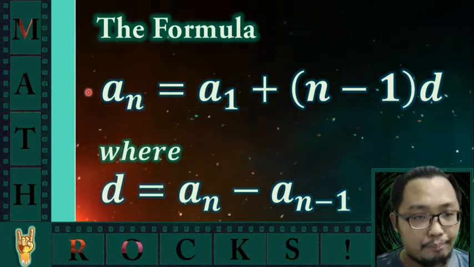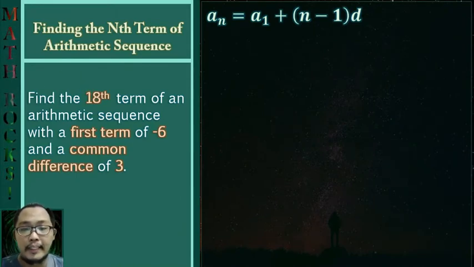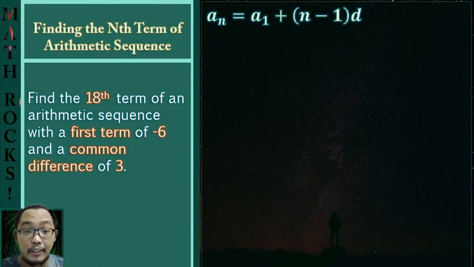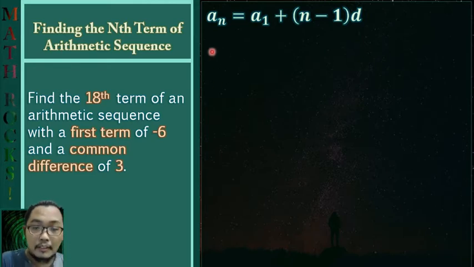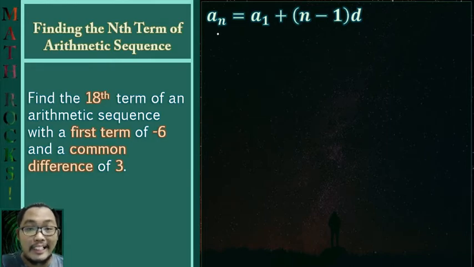For our example, we need to find the 18th term of an arithmetic sequence with a first term of negative 6 and a common difference of positive 3. In solving this problem, we first write all the important details.